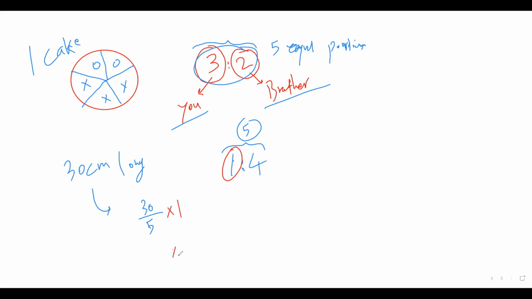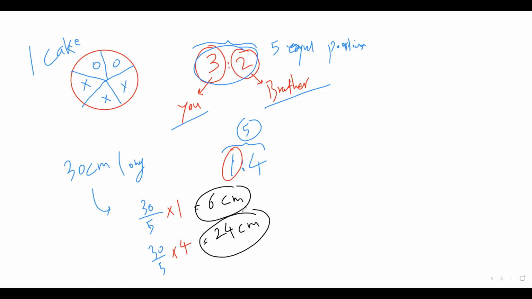The other one would be the same number, 30 over 5, but times 4. As simple as that. So the answers would be 6 cm and 24 cm respectively. One piece is 6 cm, another one 24, and they should add up back to 30 cm, of course.